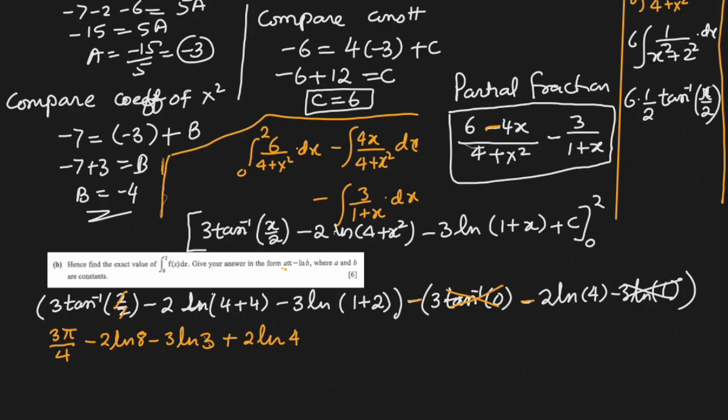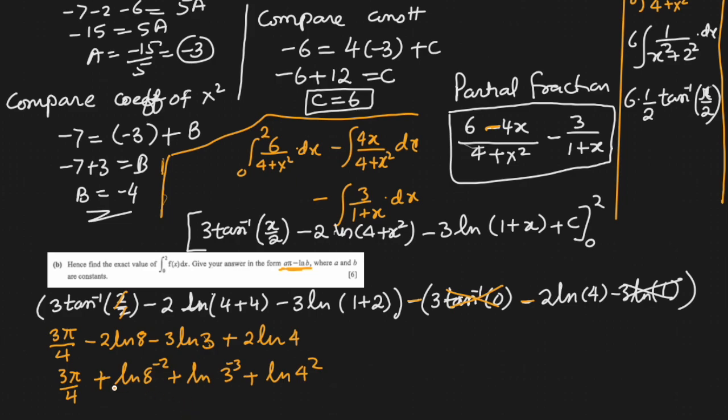It is still far away from what we want here. Pi is okay, no need to change this one, 3 pi by 4. But these natural logs we can change. So I will write plus natural log 8 to the power minus 2, this minus 2 comes here, plus natural log 3 to the power minus 3, plus natural log 4 square.